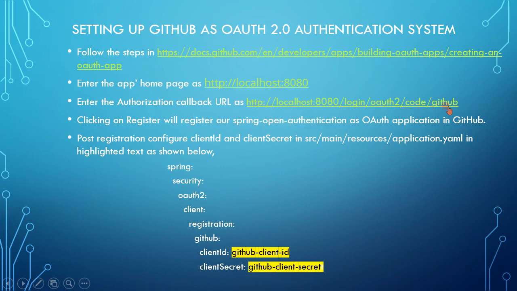So note that this ends with GitHub, and then click register. Then you will be given the client ID and client secret, which have to be configured in the application.yaml. The application.yaml will be in src/main/resources. I'm not showing that in GitHub because I don't want to expose my client secret.